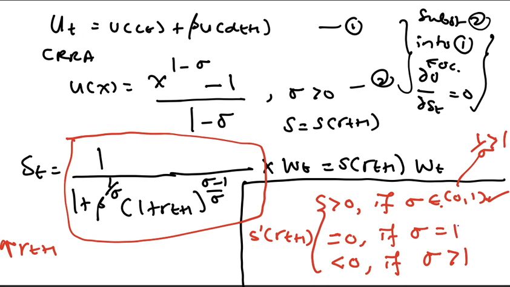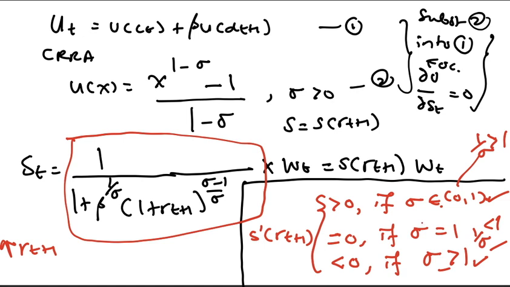However, when we look at the third example here, when sigma is greater than 1, it also means that the elasticity of intertemporal substitution, which is 1 over sigma, or the reciprocal of sigma, is below 1. So what's the effect? What happens here? Then the income effect dominates and the saving rate falls following an increase in the interest rate.